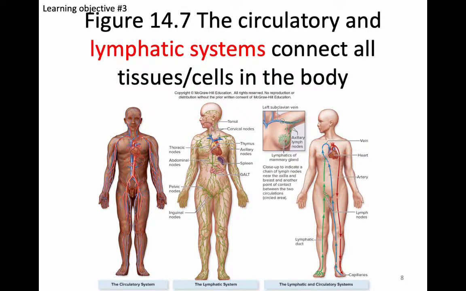Important for the second line of defense is the lymphatic and circulatory systems because these connect all cells and tissues in the body. The circulatory system is our system of vessels which circulates oxygenated blood throughout our bodies. The lymphatic system, shown in green, closely mirrors the circulatory system and serves as a filter for the liquid portion of the blood.